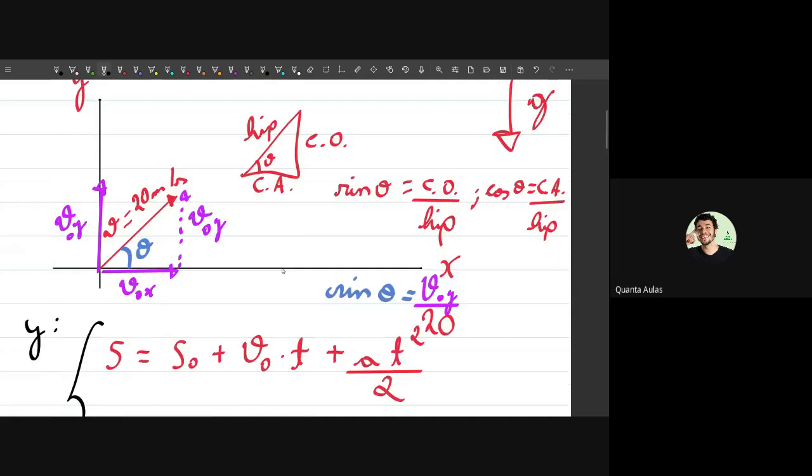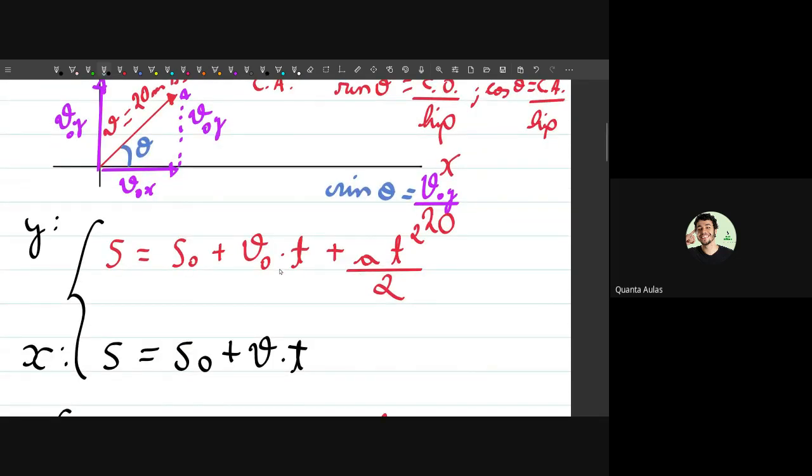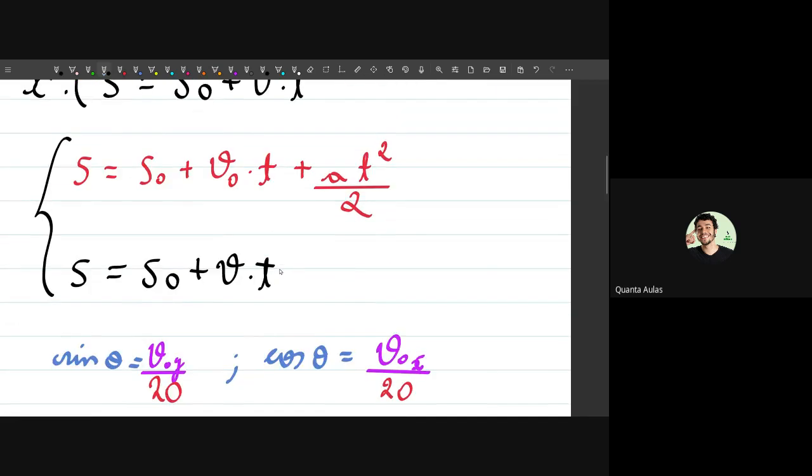Let's continue this. So we have the velocities here, but I need to change these equations a little bit because this first equation is a y equation. So I will change the letter s to the letter y, okay? Because I need to show you this is a y equation in the y-axis.